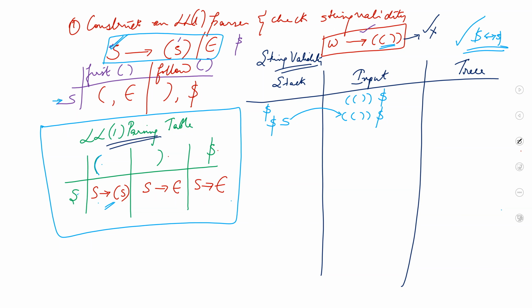So you look into your LL1 parsing table, S opening bracket, which means you should go for this corresponding rule. So what you do is, instead of this S, replace it with S in an opening bracket or closing bracket. But the thing you should keep in mind is, you should read from the right. So you will write it like this.